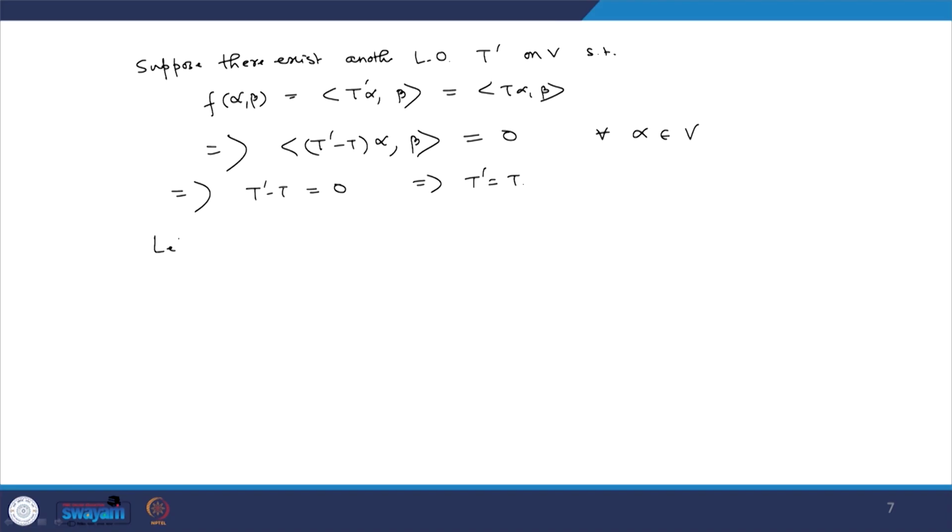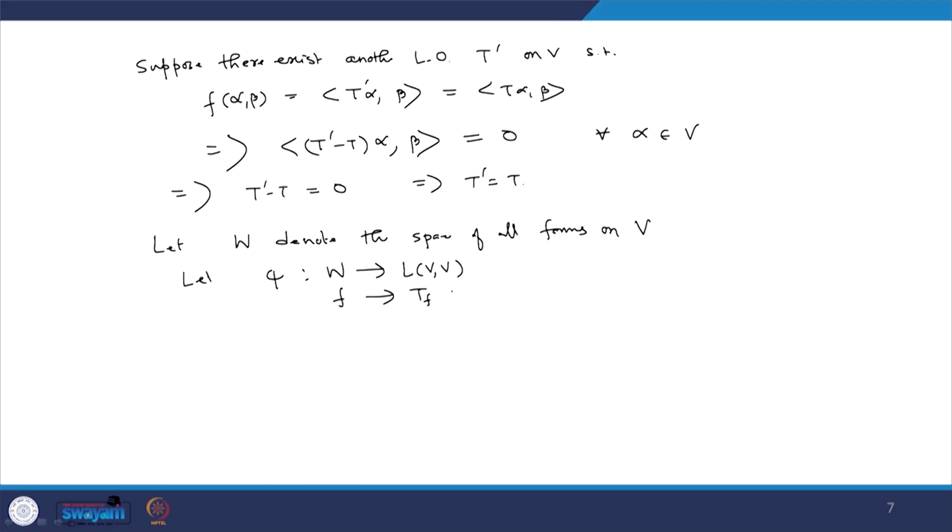So, let W denote the space of all forms on V. Let psi be a map from W to L(V,V) defined by F goes to T_F. Claim: psi is one-one, onto, linear transformation.